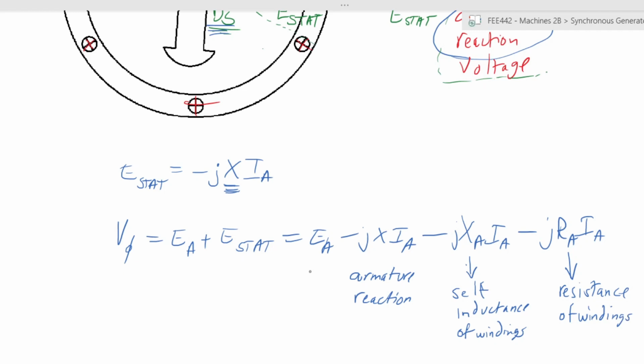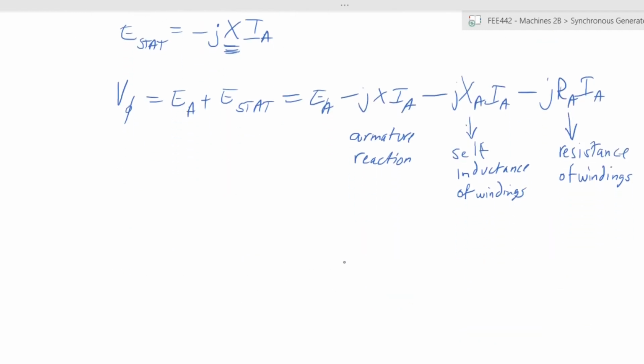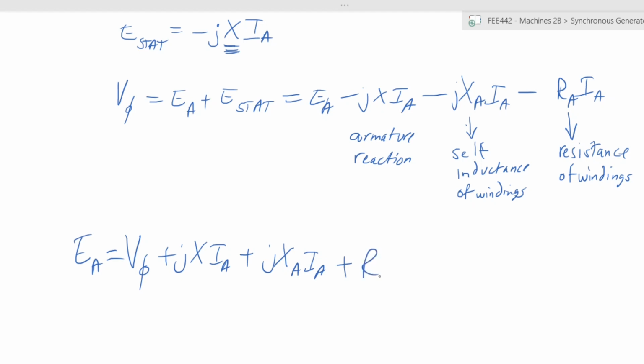So having put all of that together, we are now in a position to indicate what is the actual representation of the internal generated voltage. So we have it as, if we take it to the other side and have your terminal voltage on this side, it can be V phi plus J times XIA plus J times XAIA plus RA times IA.